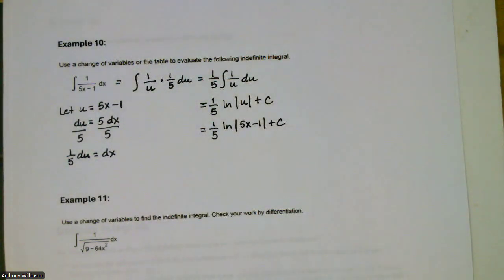We have to have that absolute value there, because 5x minus 1 could be either positive or negative. So we need to include that absolute value in order for the natural log to be in the domain. Okay, so that's the integral of 1 over 5x minus 1 dx: 1/5 ln of the absolute value of 5x minus 1 plus c.